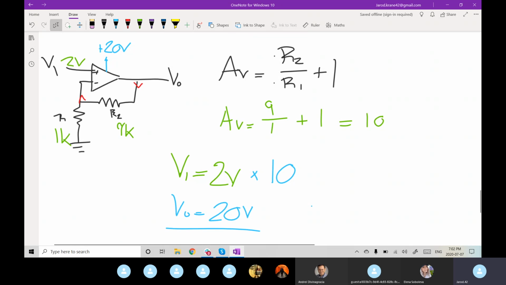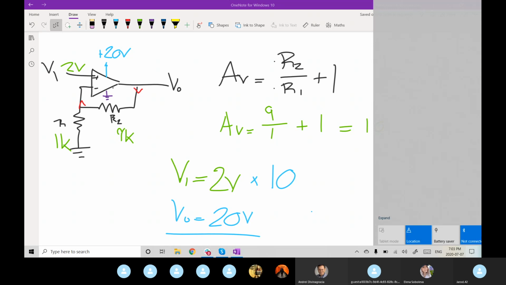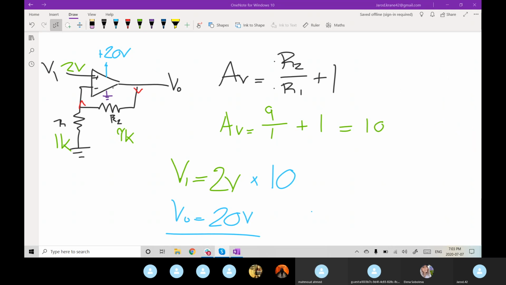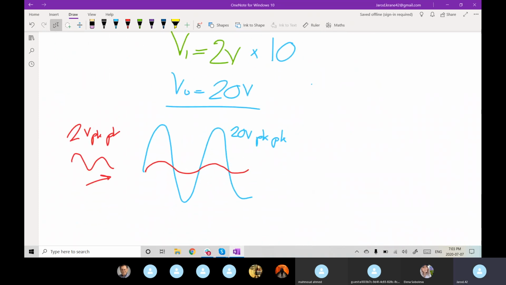Because if we, again, were just to have our supply volt, in this case, tied to ground, and we try to make this 20 volt peak to peak signal, which means 10 volt minus 10 volt.